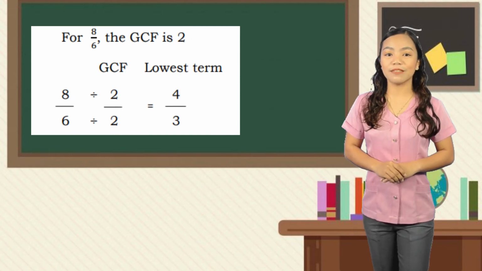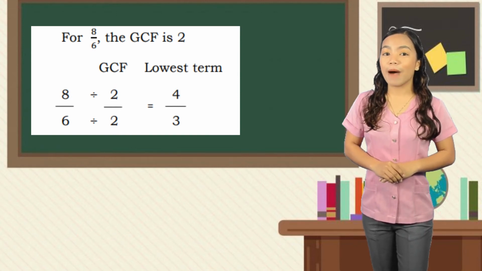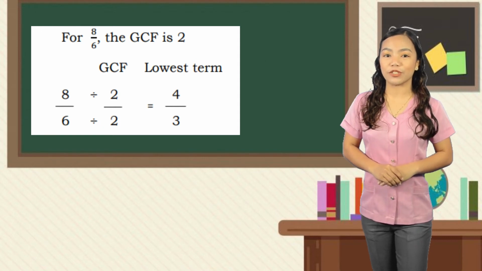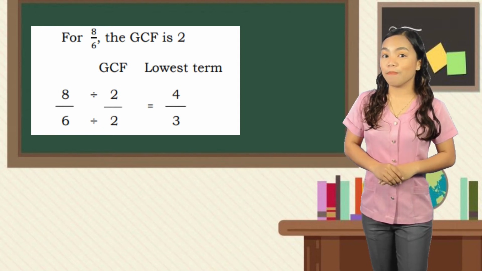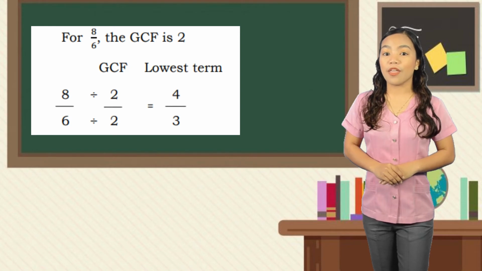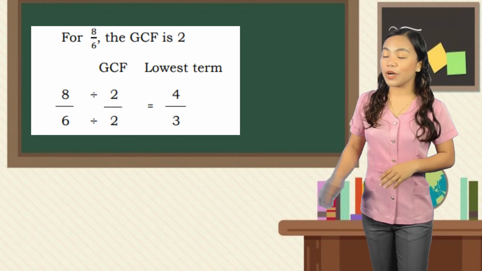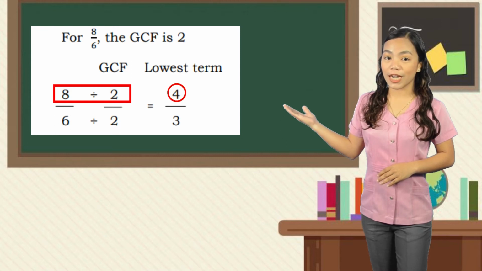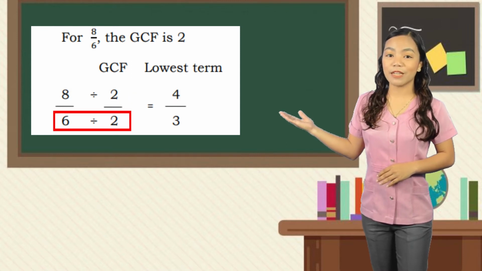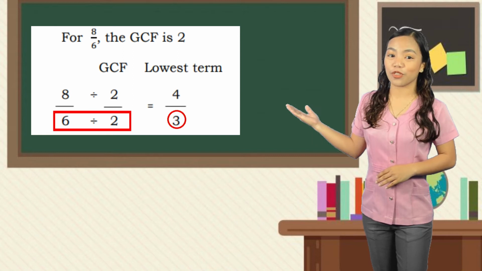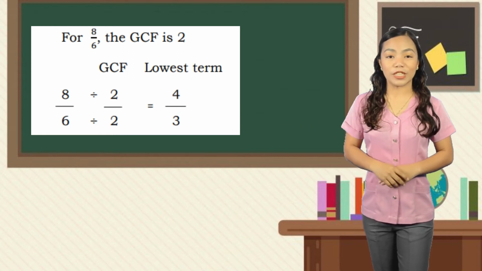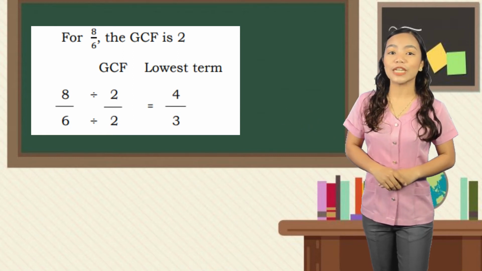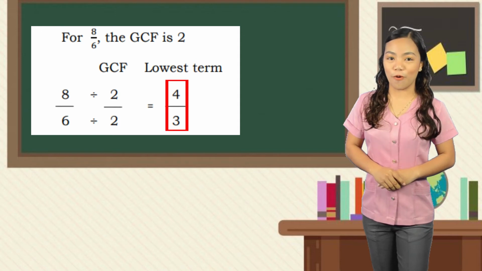We reduce it to its lower term by dividing both numerator and denominator by the GCF 2. That results to 8 divided by 2 equals 4 and 6 divided by 2 equals 3. The lowest term for 8/6 is 4/3.